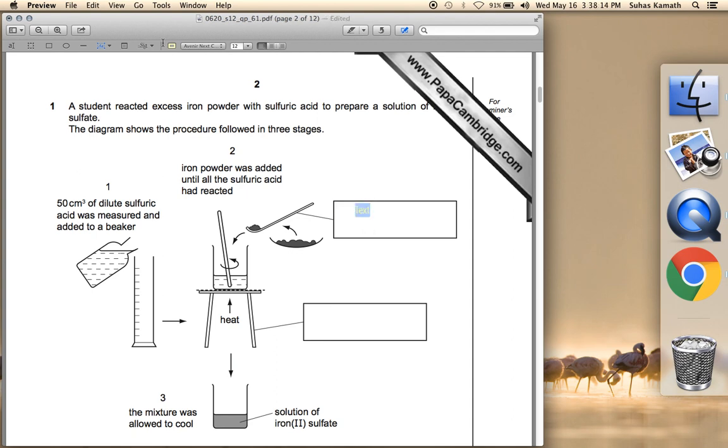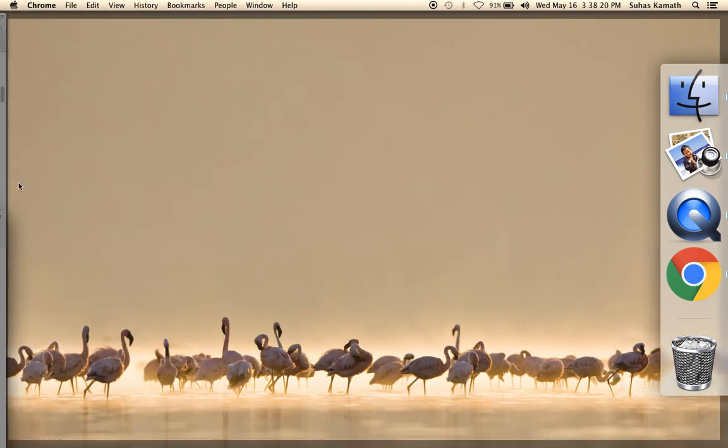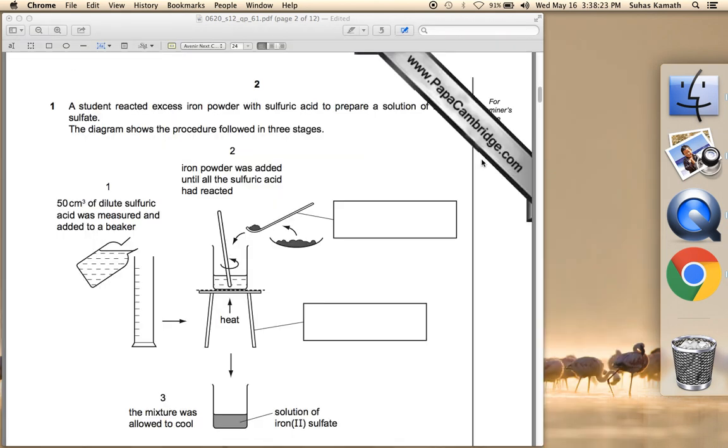Let me increase the font so that it's quite big enough. So this will be a spoon.